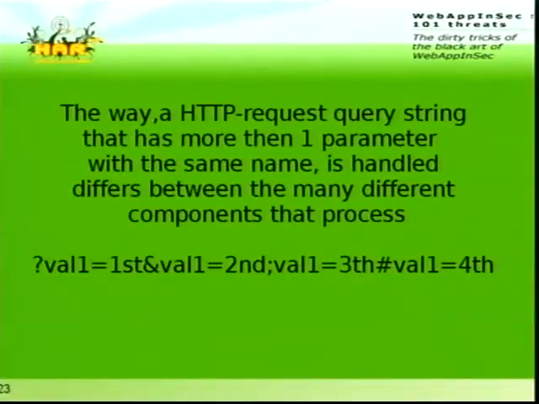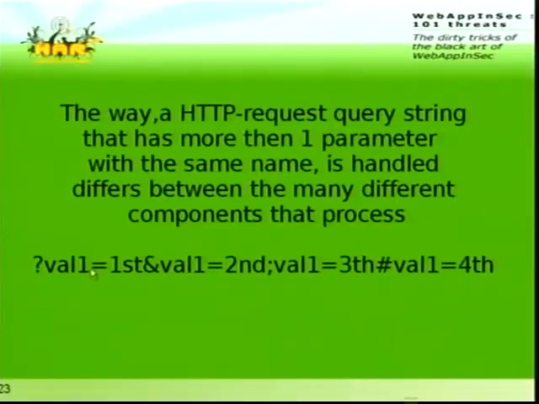Now, the way an HTTP request query string that has more than one parameter with the same name is handled differs between the many different components that process the URLs. For example, this is always a nice one to check.